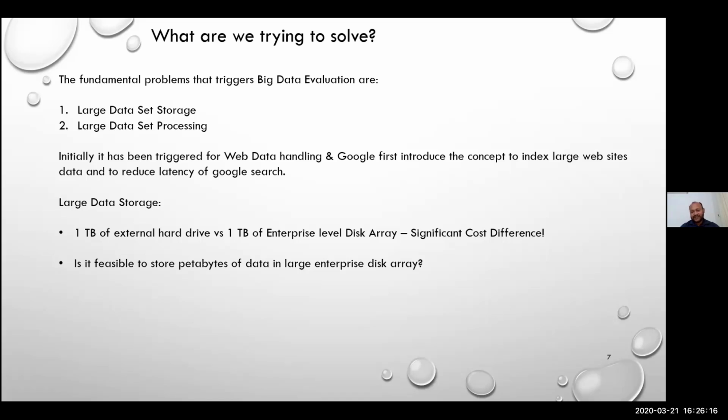So it's a really significant cost difference if we use an enterprise-level big storage system to store our application data. If it's within a few terabytes or 100 terabytes, that can still be manageable. If it's 1,000 terabytes, it would be too much cost just to store application data.